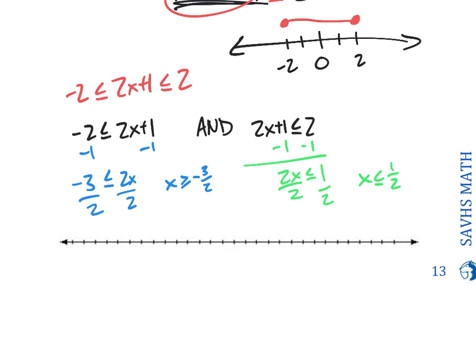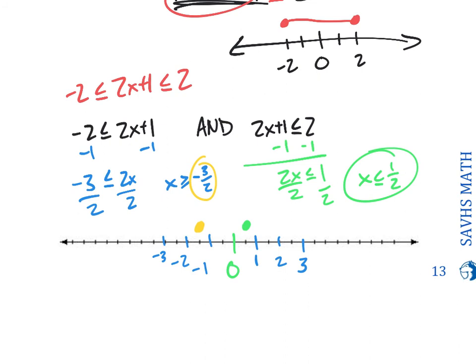So our solution, let's say 0 is right here. Let's go by 1. So 1, 2, 3, negative 1, negative 2, negative 3. Okay, so where is negative 3 over 2? It's 1.5. So that's right here. And 1/2 is right here.